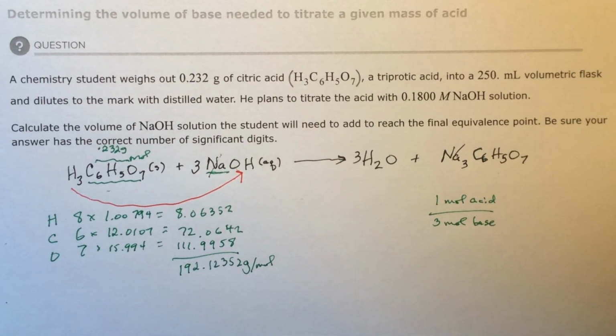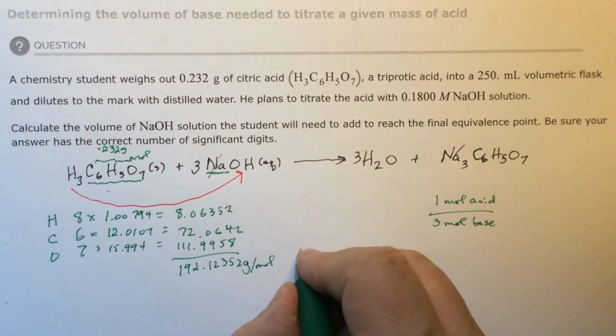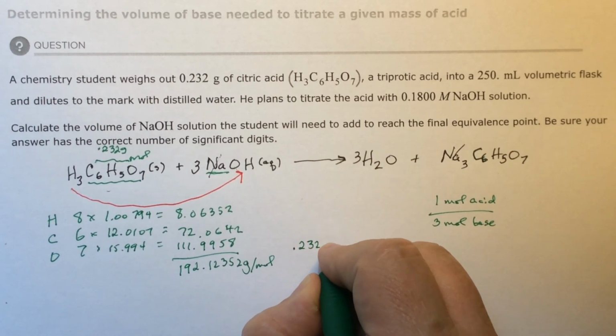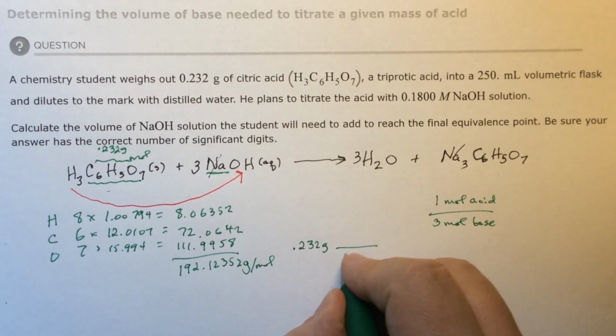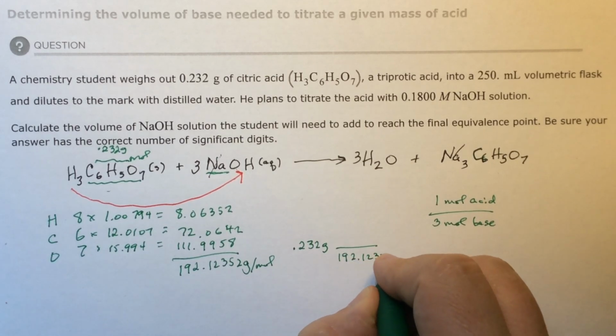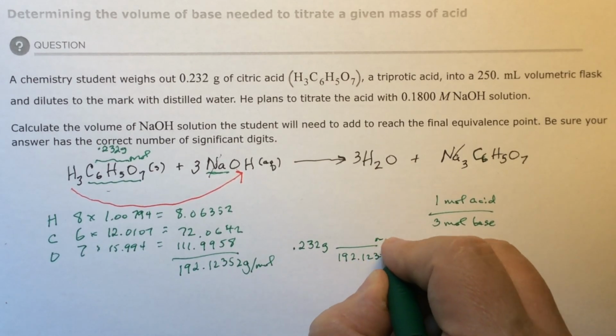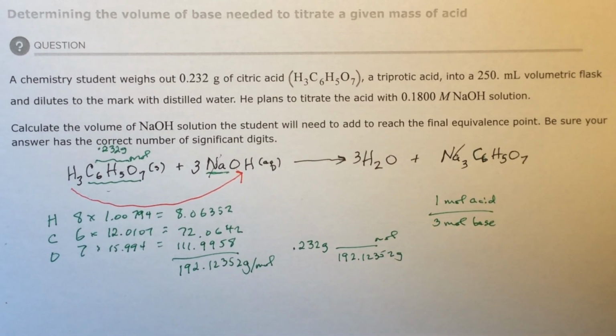All right, so I've got 0.232 grams, and there's 192.12352 grams per mole. So I'm going to divide that out. I lost my calculator, of course. I'll use my cell phone calculator.